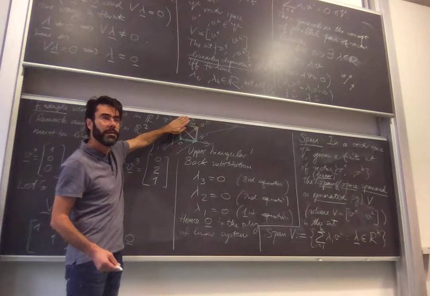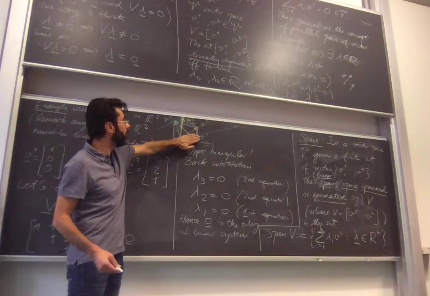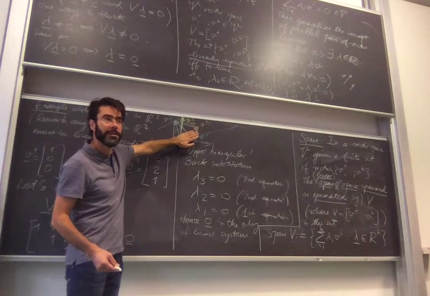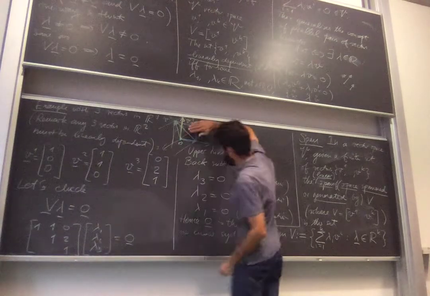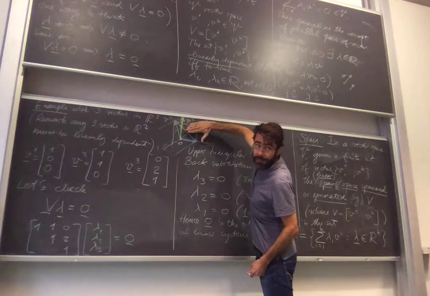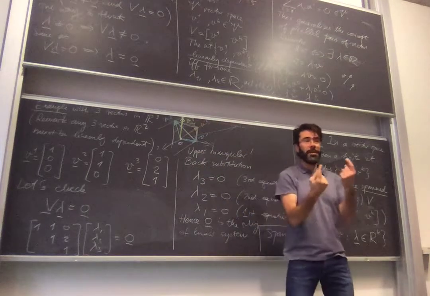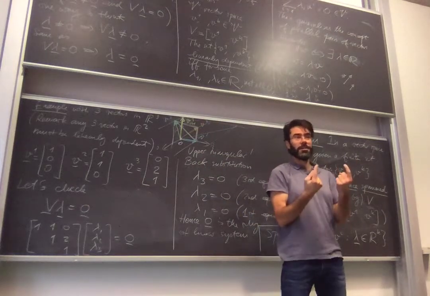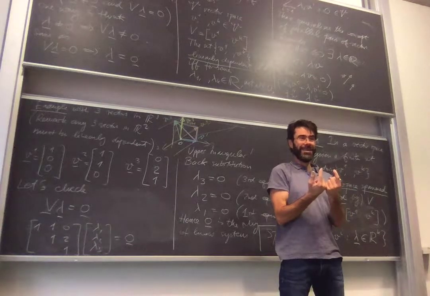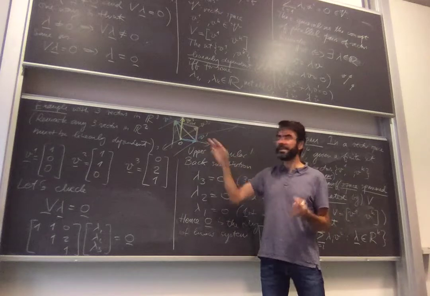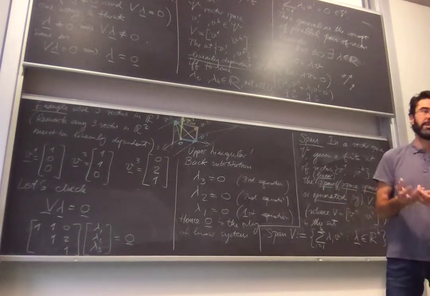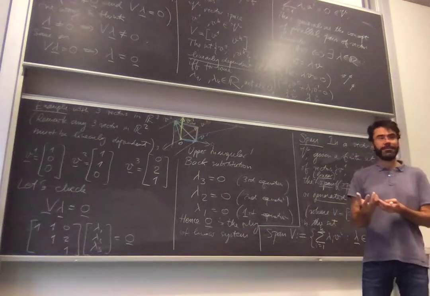Also, if we took v2 and the old v3, we would also get the plane, and if we took v1 and the old v3, we would also get the same plane. So there's no one pair that is better than the others; they're all three the same. It's not that one of them is bad. It's the whole three together that are bad. There's just one too much.